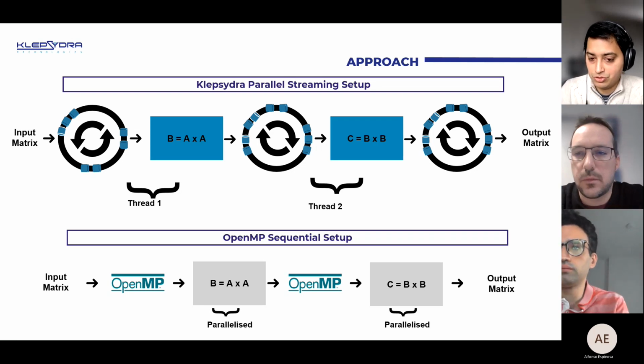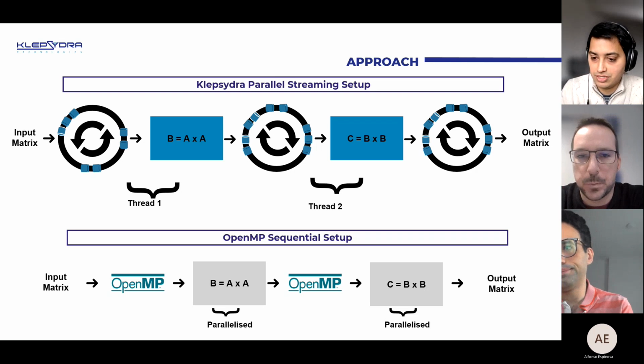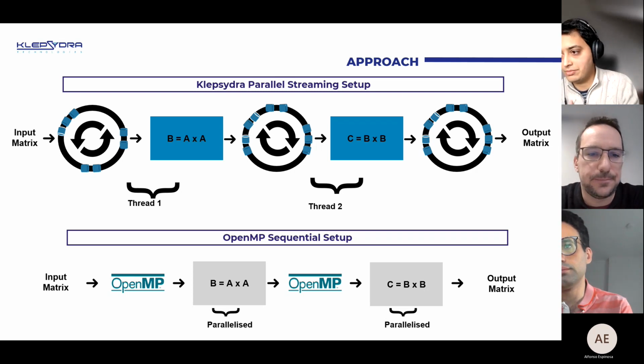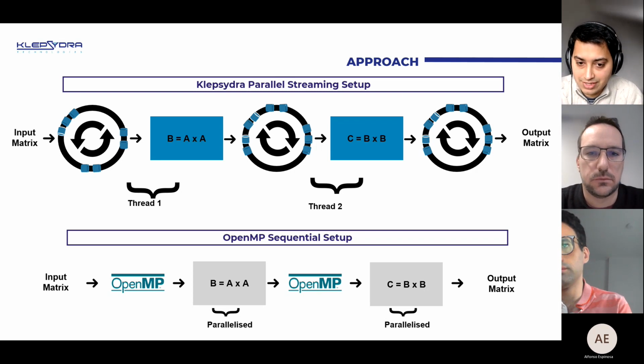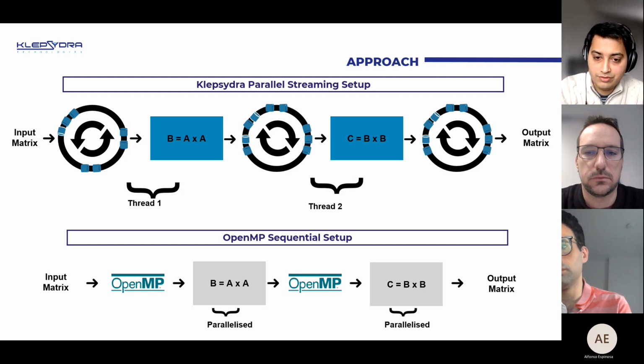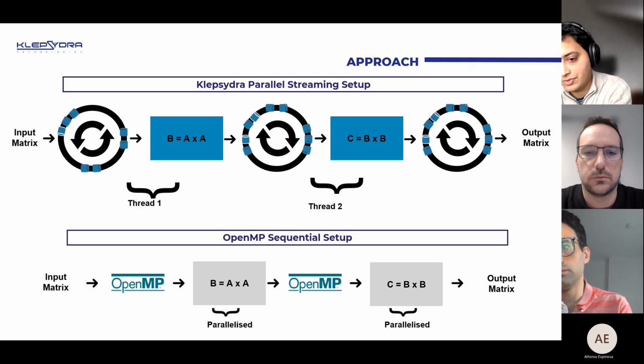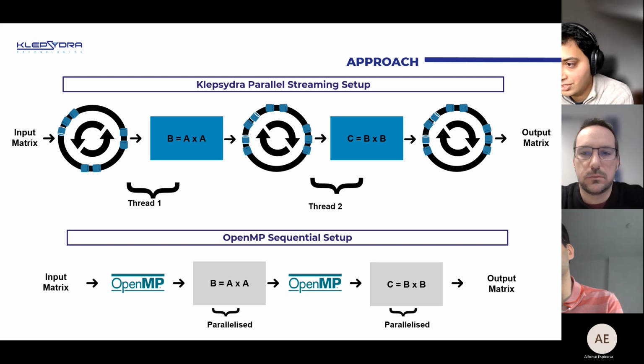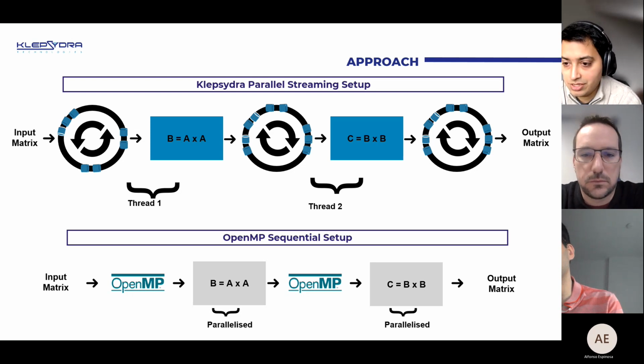So use the full CPU to parallelize the operation, get B as fast as possible, and do the same calculation with B, and so on. What Klepsydra does is that it pipelines this. Whenever A multiplied by itself gives you B, you send it to the event loop. The event loop takes the action and does the next calculation. And these are separated into threads, and each thread can individually be parallelized if you want.